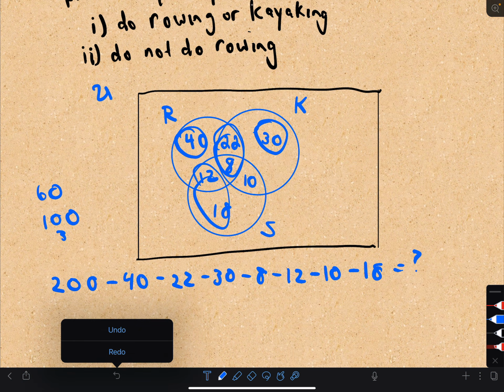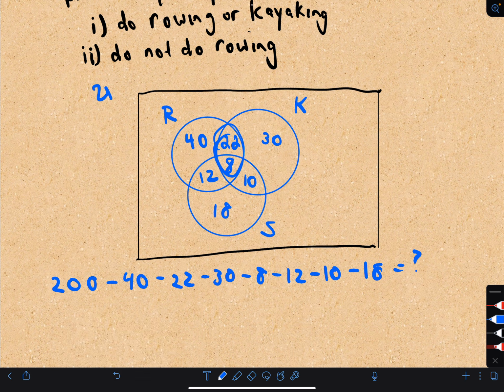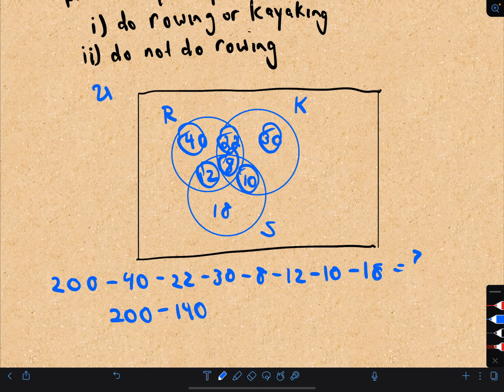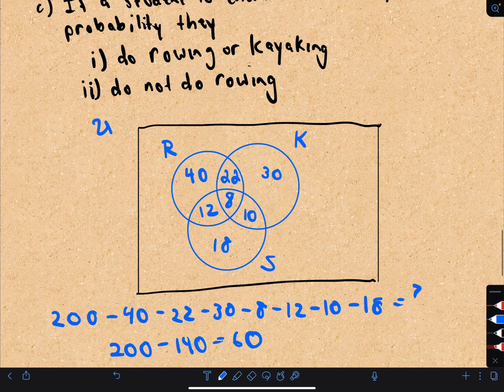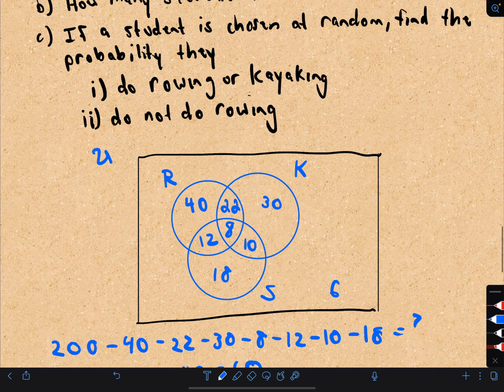So it looks like we're going to have 200 minus 140 once we add up all of those numbers, which means that there's going to be 60 students that simply don't do any of those activities. Okay, so we'll put that number out there.